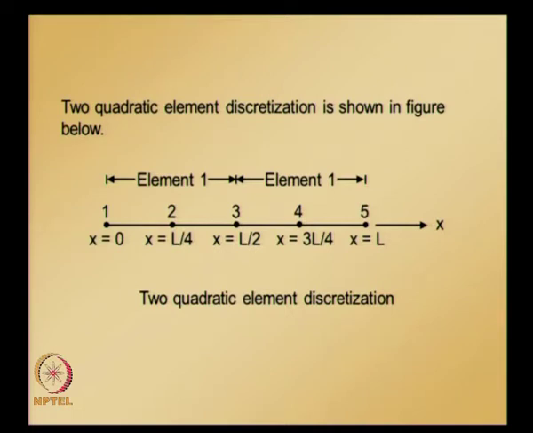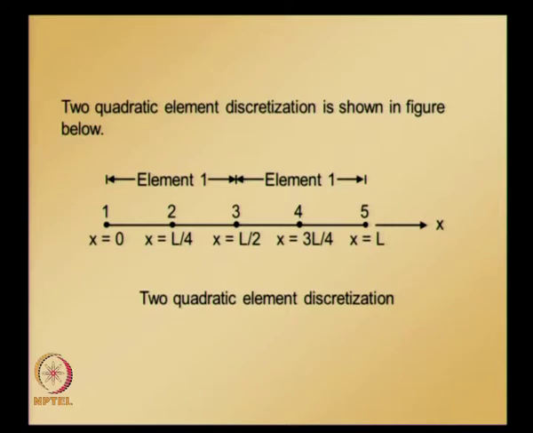Element 1 comprises nodes 1, 2, 3, and element 2 comprises nodes 3, 4, 5. There is a mistake: for element 2, 1 is printed instead of 2. So, element 2 comprises nodes 3, 4, 5, and element 1 comprises nodes 1, 2, 3.